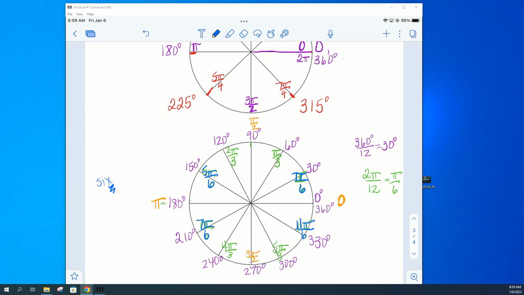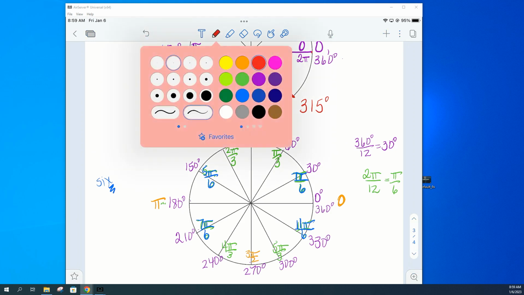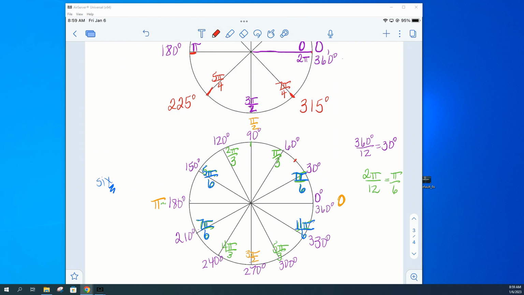So those special angles, you have to know where they are. When you put them on one circle, the pi over 4s are tucked in between. If I overlaid those two circles, my pi over 4s would fit right there in those red spots. So those are the special angles. Learn them well, know where they are, and we'll be good.